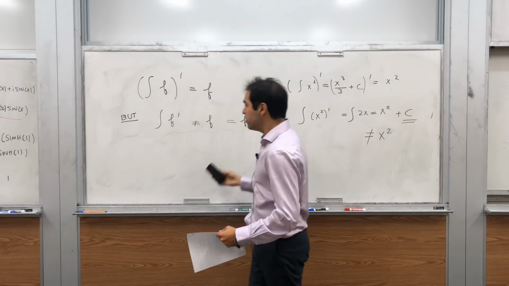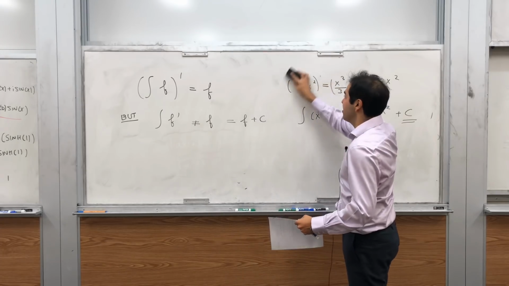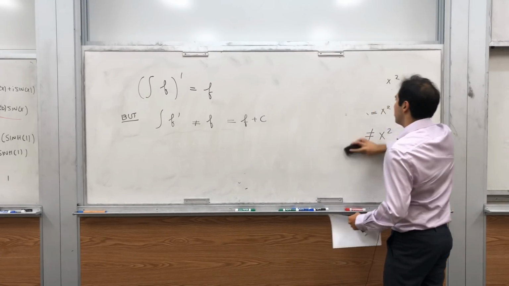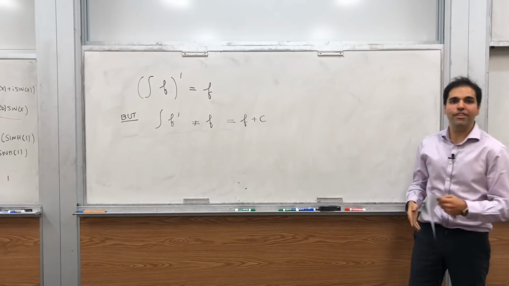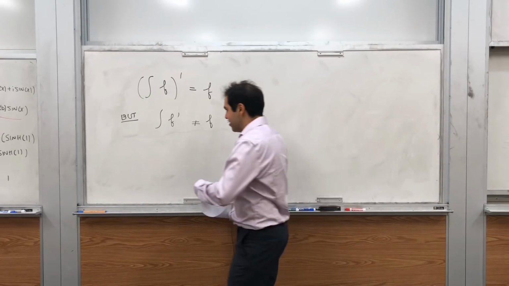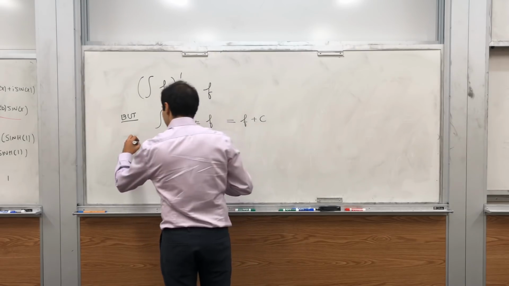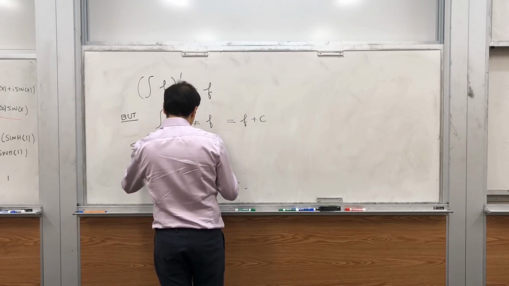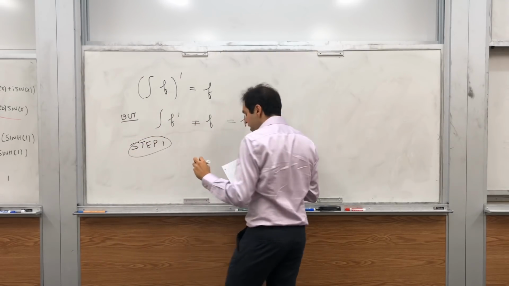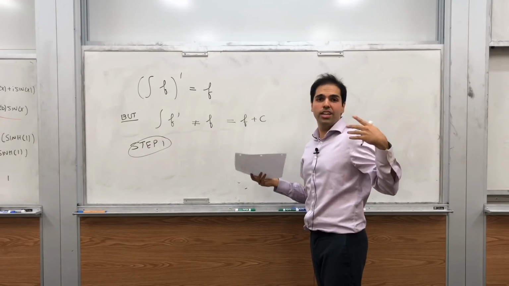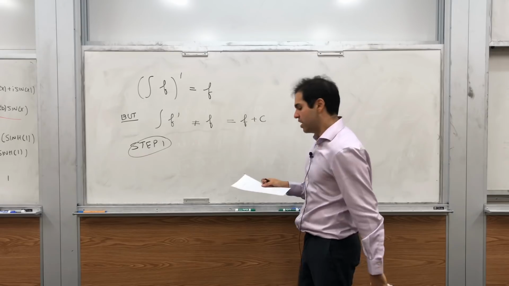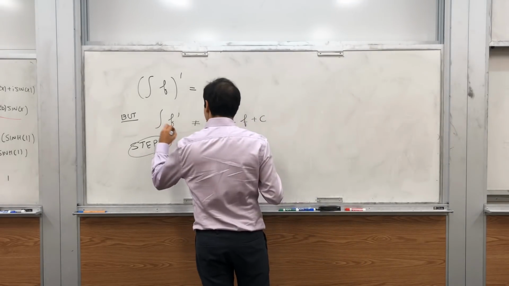So, how would you define integration so that both of them are pure inverses? It has to do with the concept of equivalence classes. So here's the first step. Let's define some new operation like an equality, but what's called an equivalence relation.